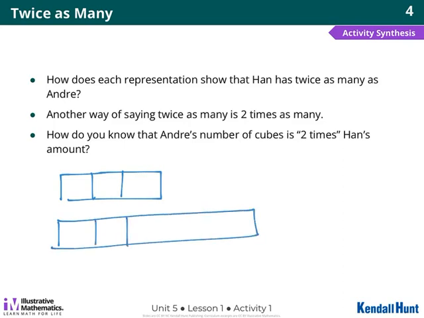Okay, so we will always see twice as many, right? Another way of saying twice as many is 2 times as many. That's funny, because didn't I just tell you guys that? So think of it as 2 times as many. That might make better sense to you.